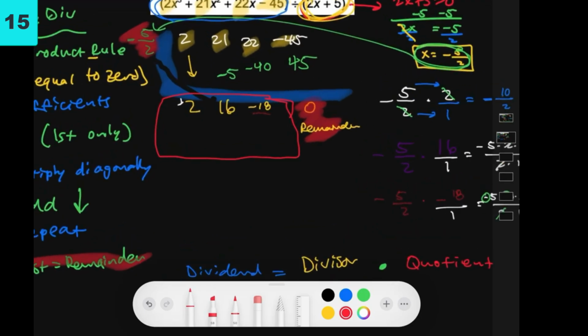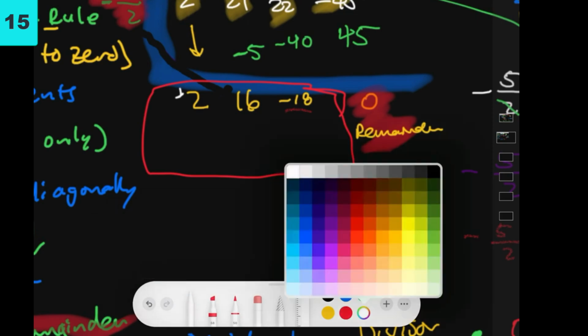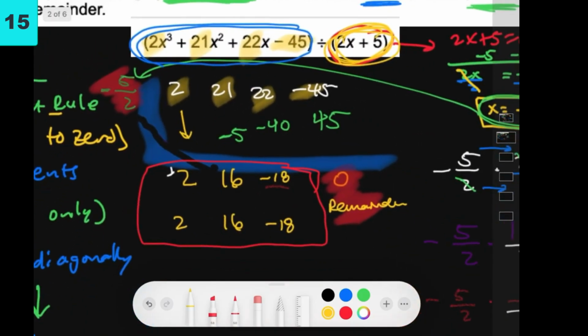We have to remember what those numbers mean. Those are the coefficients, so let's write that in the same color: 2, 16, and negative 18. And what we've basically done, if you think about this, is we've reduced it by an x. You reduce the power by 1. So that means that this will be an x squared, and you kind of just go down. 16 is positive, so this would be an x to the first.